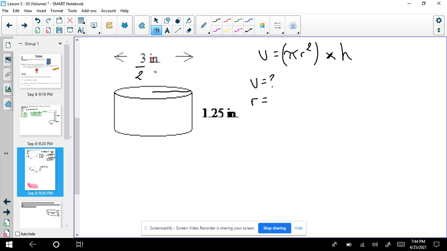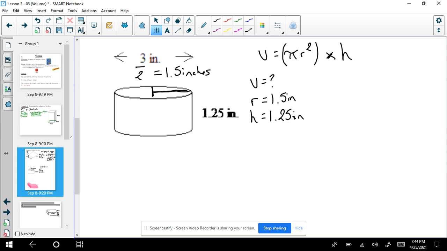So 3 divided by 2 is going to give me 1.5 inches. Therefore my radius is 1.5 inches. And then my height is 1.25 inches.